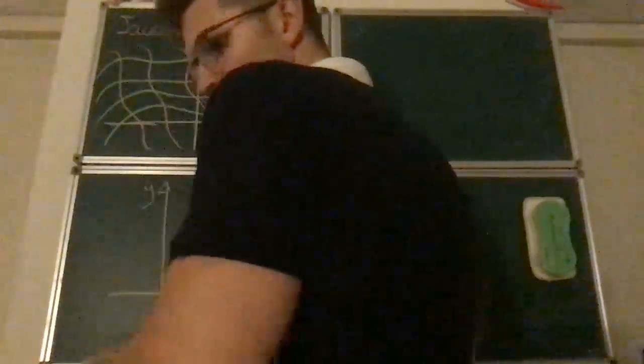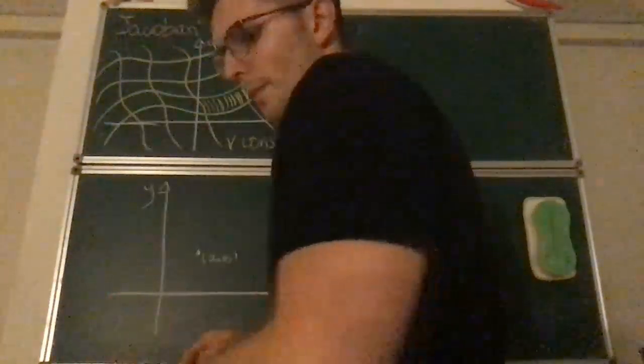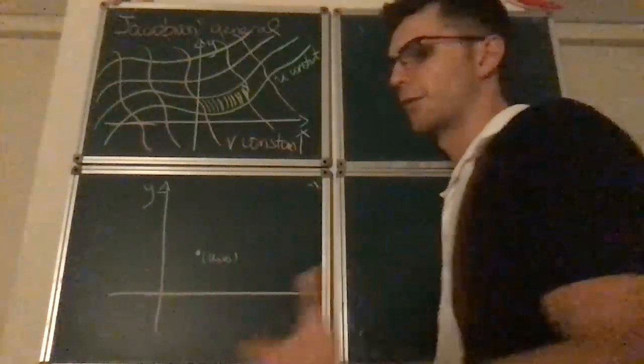Say I choose a point here, which is represented by values u naught, v naught, which is similar to r naught, theta naught before. It's just some fixed values for u and v.